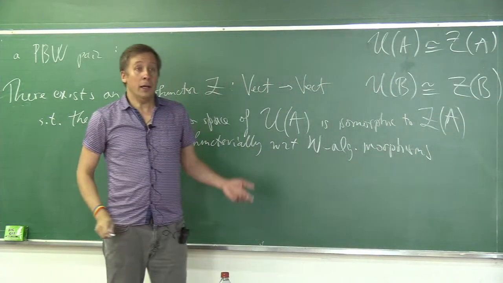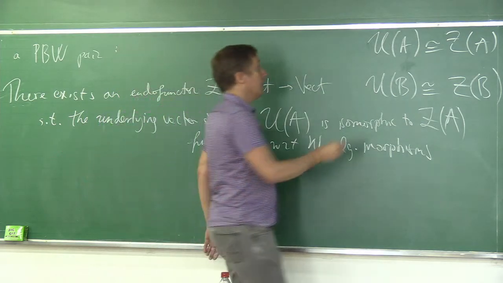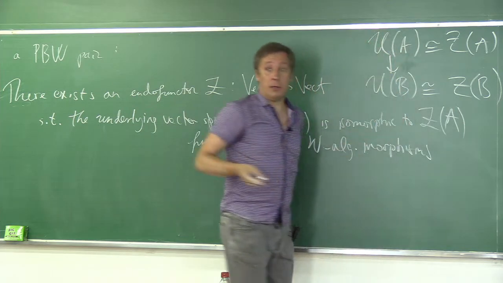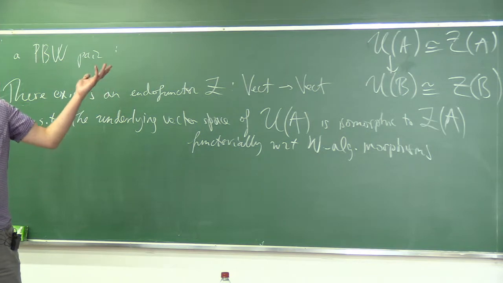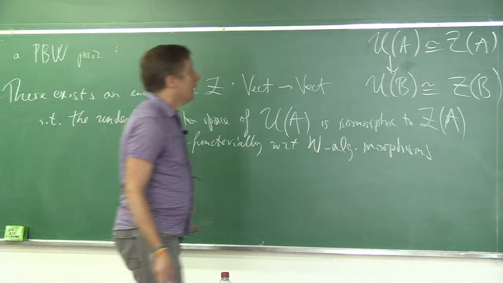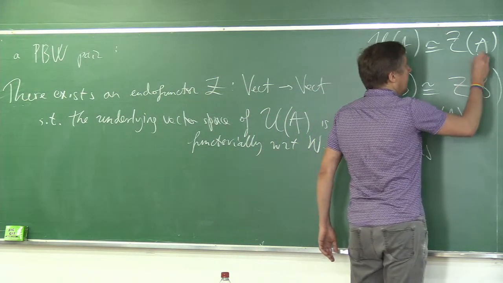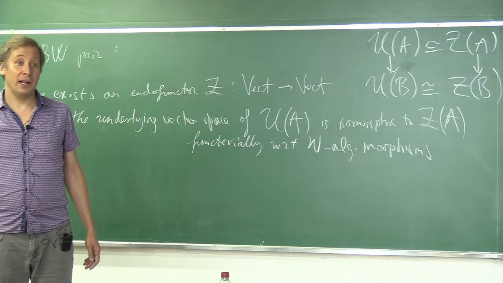Now, if you have any map from A to B, any map of algebras, you have a map from the universal enveloping algebra of A to the universal enveloping algebra of B, because the universal enveloping algebra is a functor. Also, you have a map from Z of A to Z of B, because an algebra morphism is in particular a linear map.